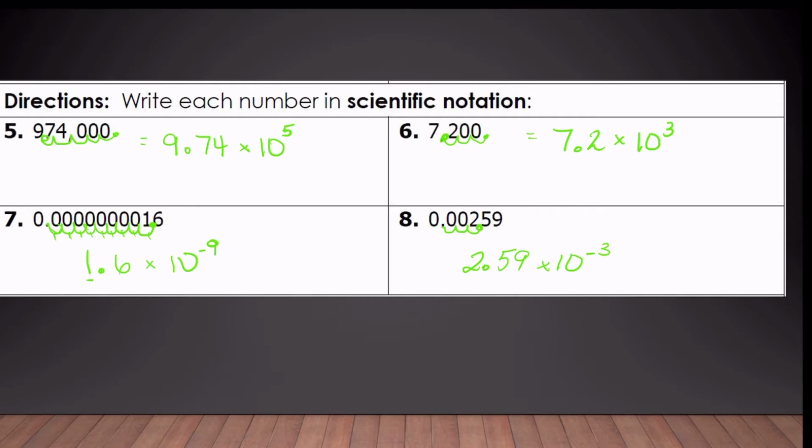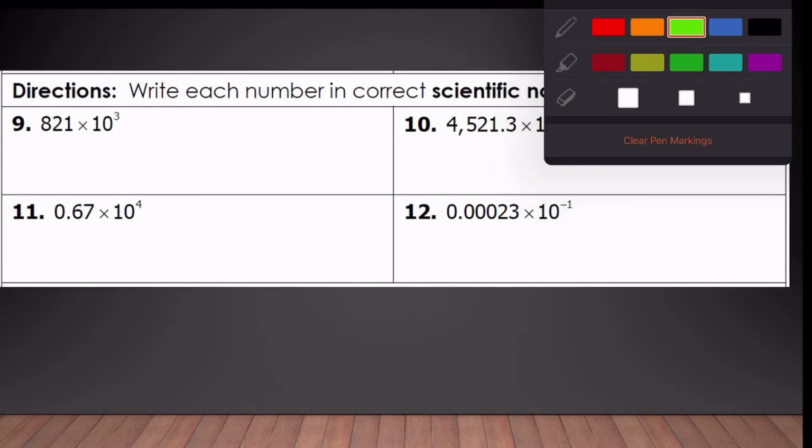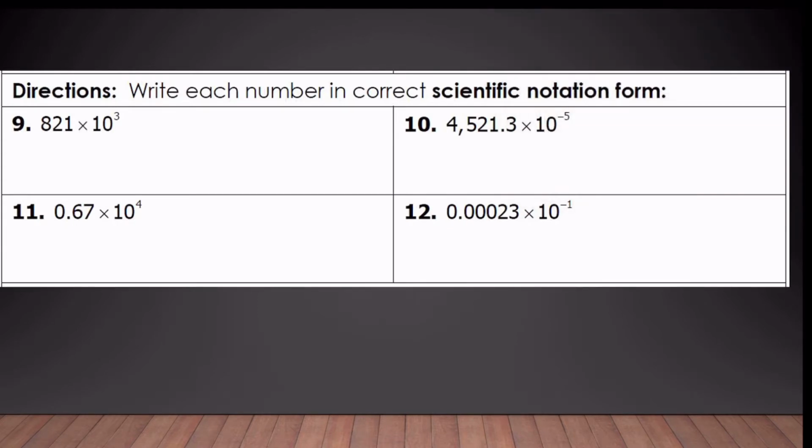Now, there's going to be a trick that will help you do this, but let's see if you can see the pattern. Okay, this is not in scientific notation yet, so I need to get it there. Let's take a look. My decimal at this point is right here. I'm moving it 2 times to the left.